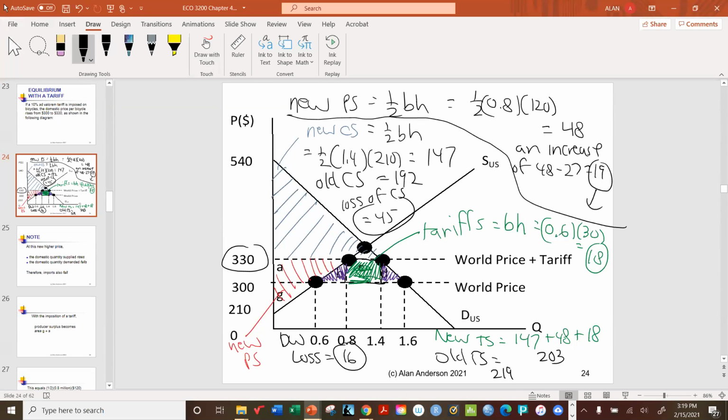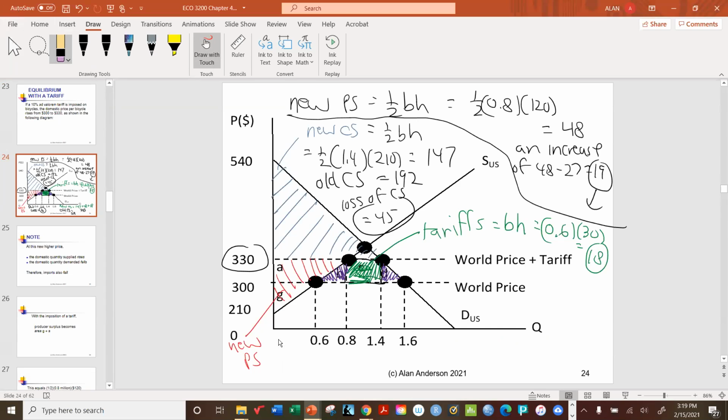That's it. Okay. So let's do it this way. It'll be a lot quicker to do it this way. So the gains are 19 in producer surplus, 18 in tariffs.